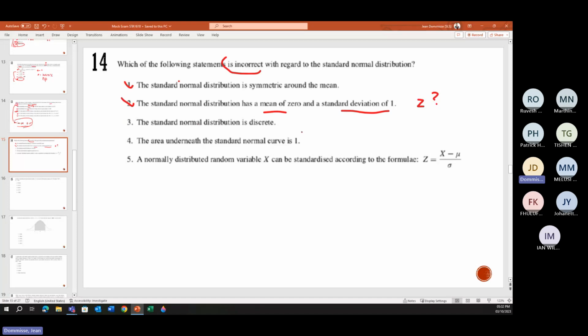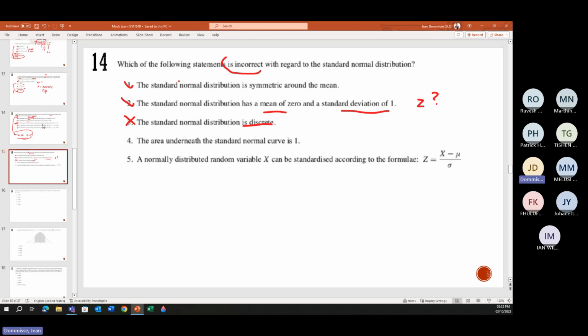Standard normal distribution is discrete. Definitely not. It's a continuous distribution, not a discrete. Remember, discrete is again something that we've done in chapter 5, where they will give you, for the value of x, you've got a probability.